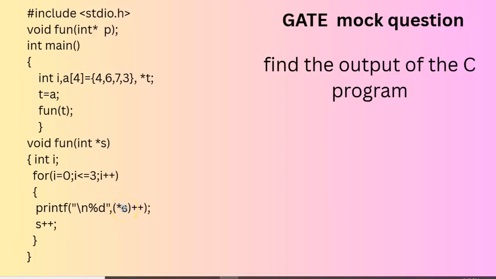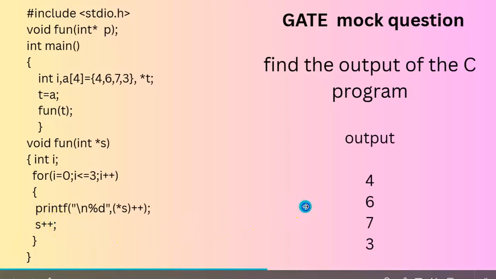Then the content will be incremented by 1, and even though the content is incremented by 1, as we are operating from left to right, first it will print the content, then it will be added by 1. Next, you add the address of S by plus plus. That means it will add the pointer variable by the size of the data type. That means it will go to the next element.